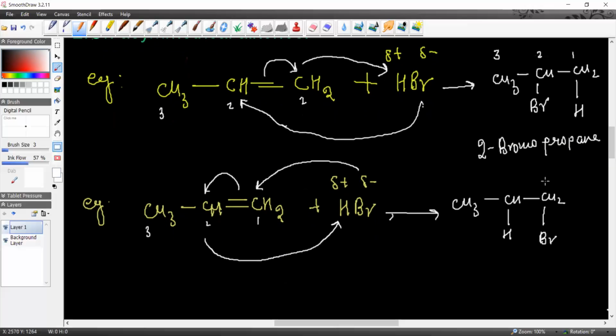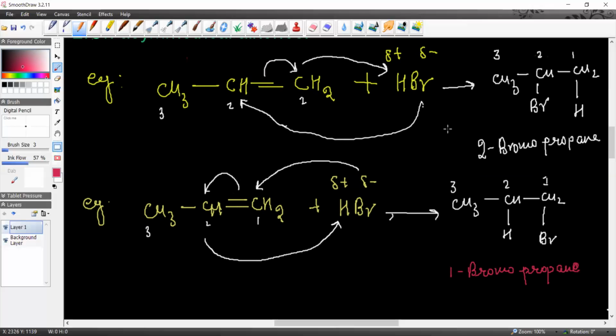First of all, I have to number the carbon atoms. This is the first carbon atom, this is the second carbon atom, and this is the third carbon atom. So what is the IUPAC name of this compound? The IUPAC name of this compound is 1-bromopropane.